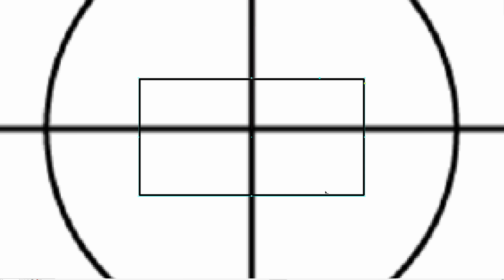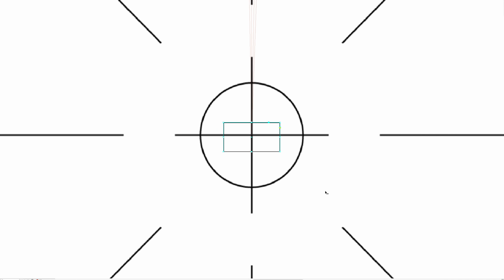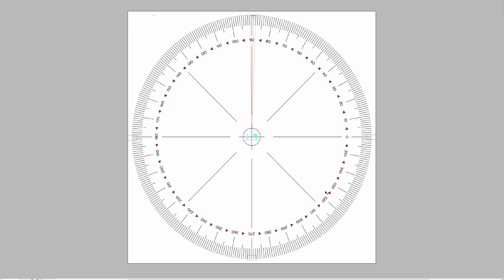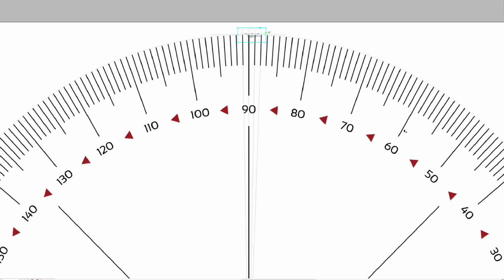This is the 91 degree mark, the 90 degree mark, 89, and 88. Okay, once again, 91, 90, 89, 88. So here's our proportionate Earth.